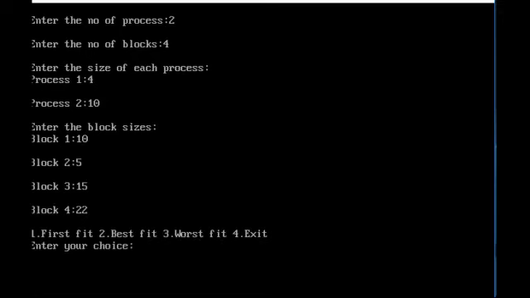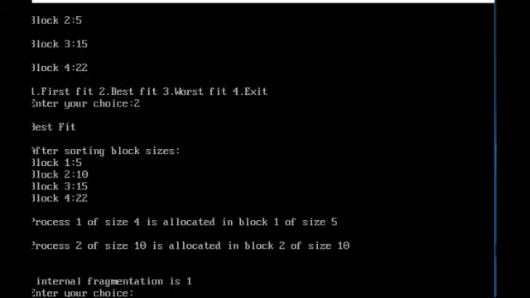We are choosing second option, that is best fit. It is printing total internal fragmentation also. It is 1K. And it is again asking for user's choice. This time say we are choosing option 1, that is first fit.